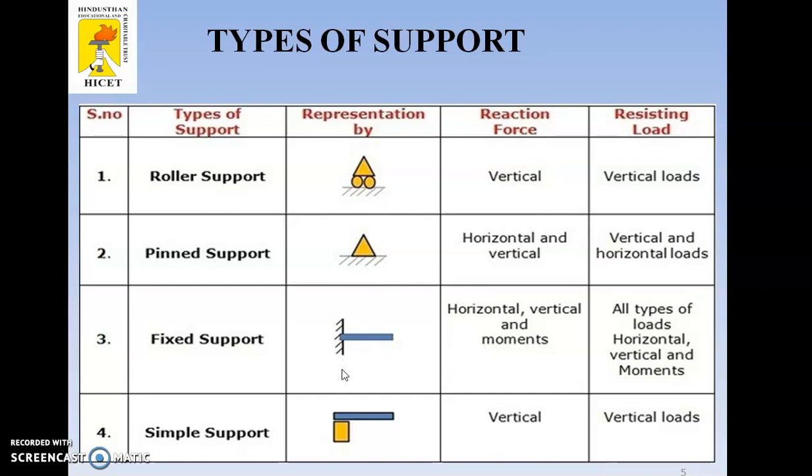The fixed support has vertical reactions upward, a horizontal force towards the positive x direction, and another one, an anti-clockwise moment. So all types of loads are resisted: horizontal, vertical and anti-clockwise moment. Then there is the symbol for the support, similar to the previous one, having only one vertical reaction. So these are the various types of supports.